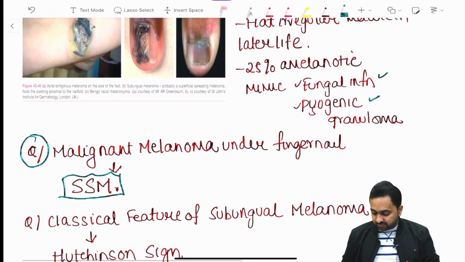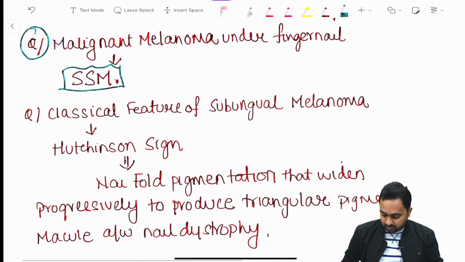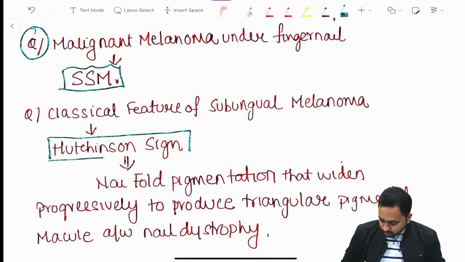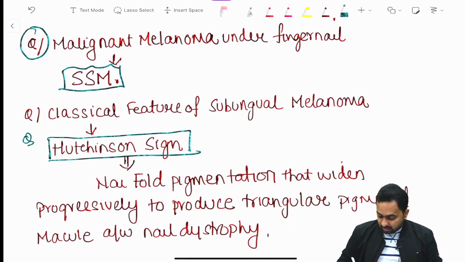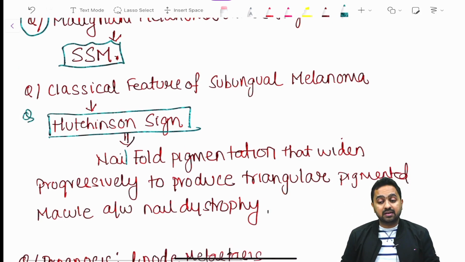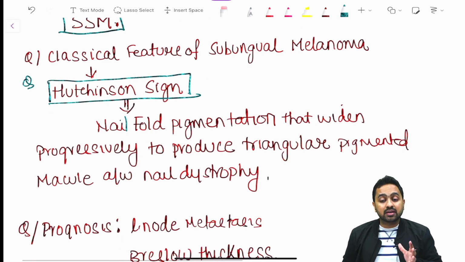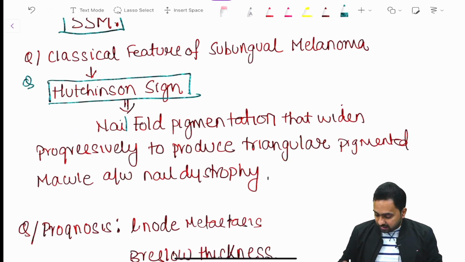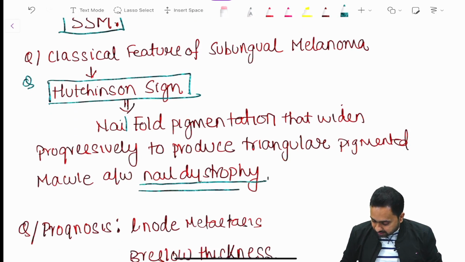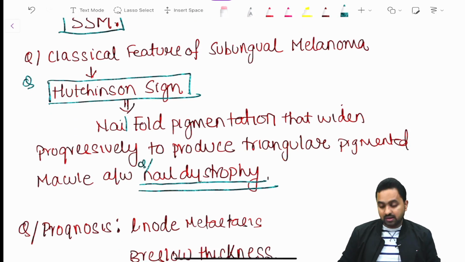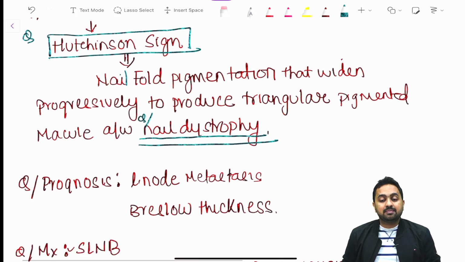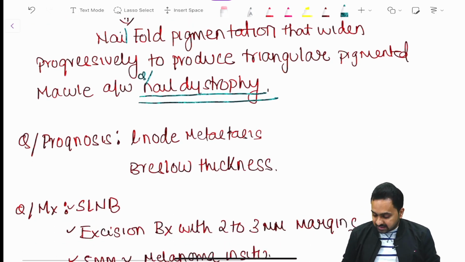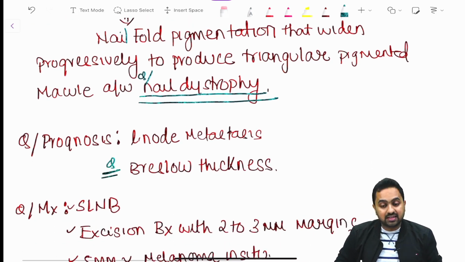Then the classical feature of your subungual melanoma is your Hutchinson sign. So what is this Hutchinson sign? So you have this nail fold pigmentation that widens progressively to produce a triangular pigmented macule that is associated with nail dystrophy, right. And the prognosis is dependent upon the lymph node metastasis and your Breslow thickness.